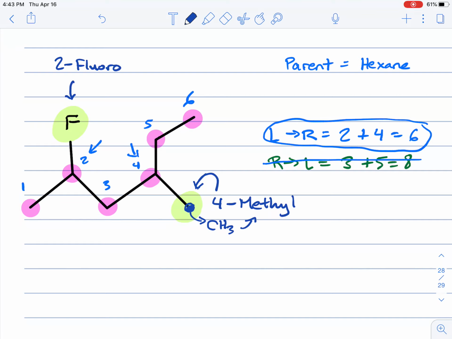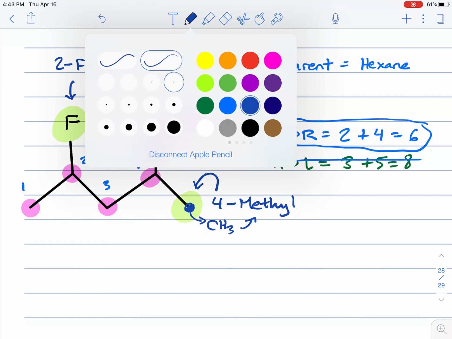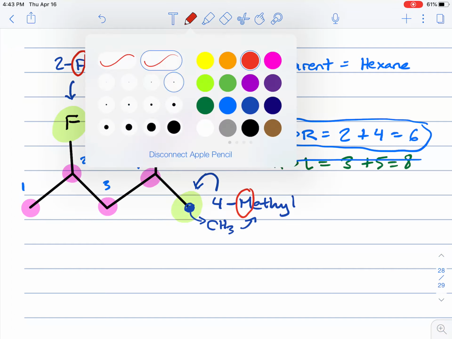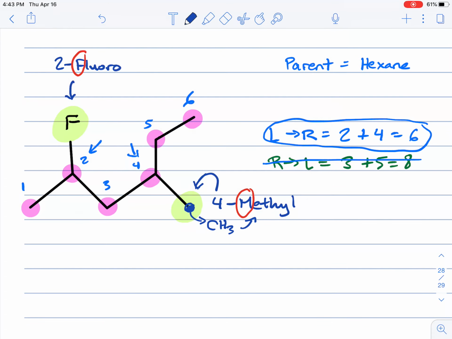All right, so let's put this piece together. So we have to figure out which goes first, right? And so here in this case, we have F and we have M. And so F comes first before M, and therefore we're going to put the fluoro, the 2-fluoro, first.